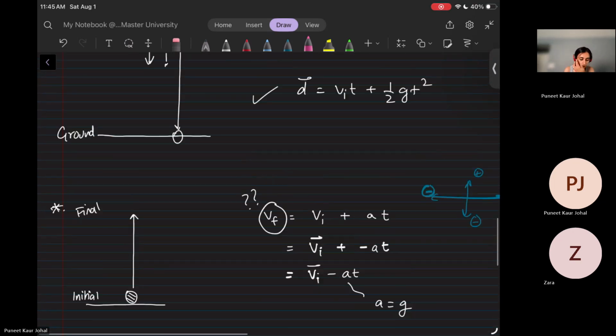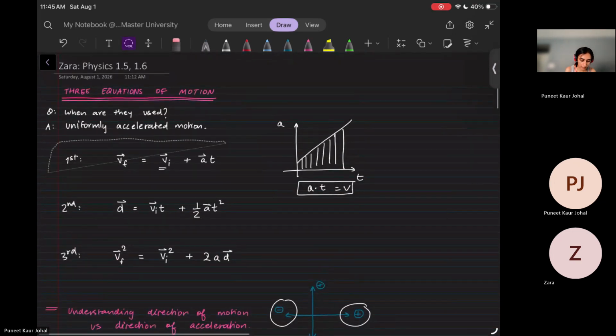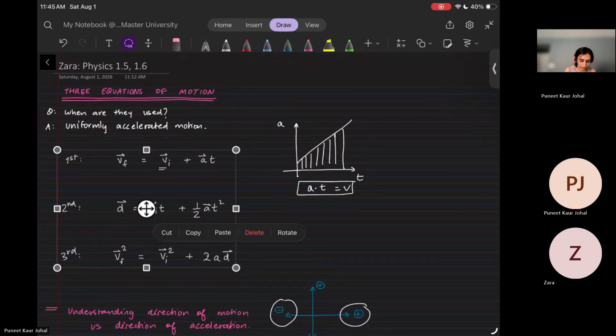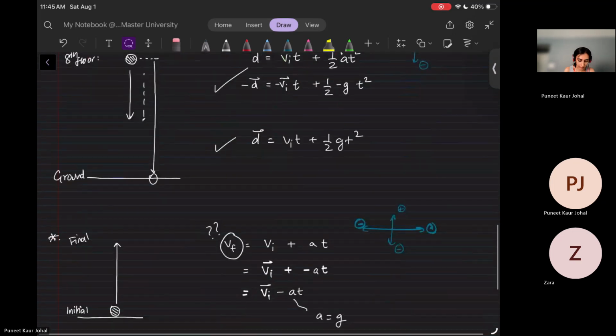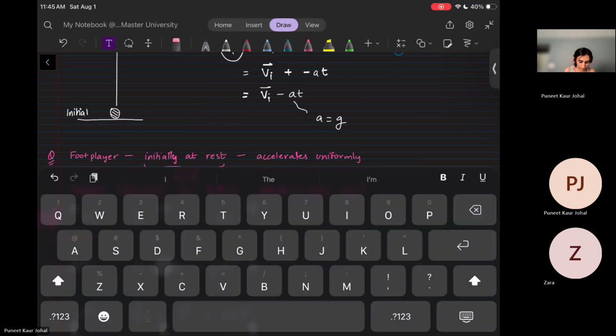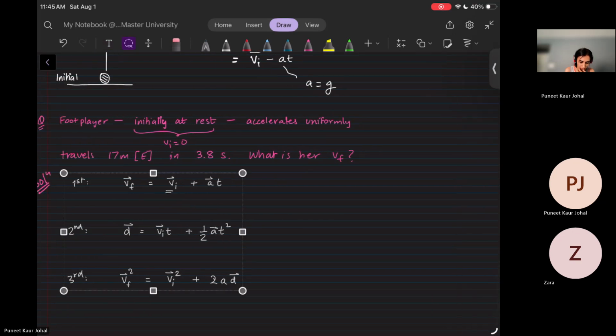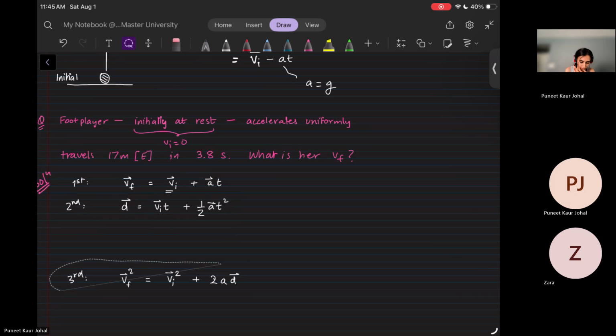Okay, and because you probably still haven't memorized these equations, I'm going to copy paste them here for you. So always have these equations in mind.